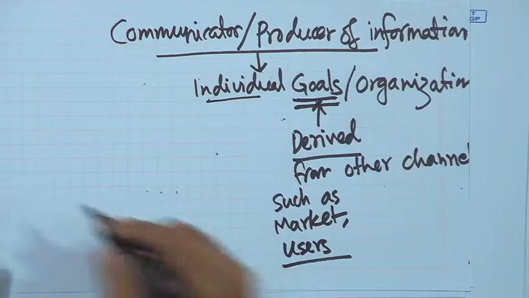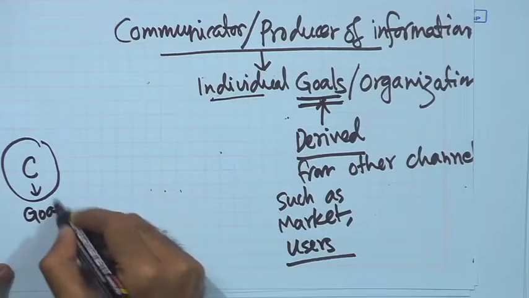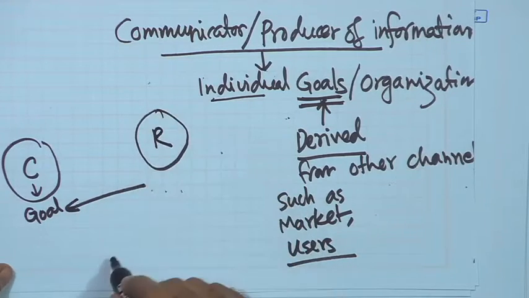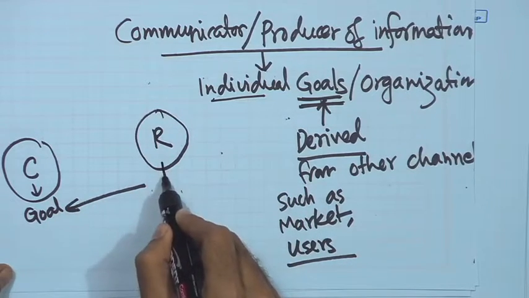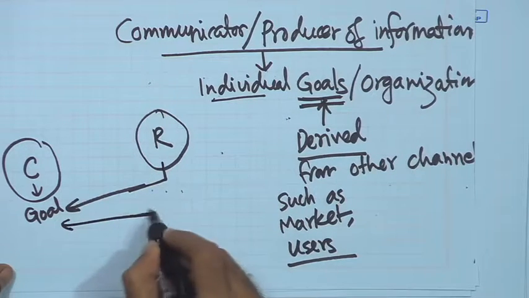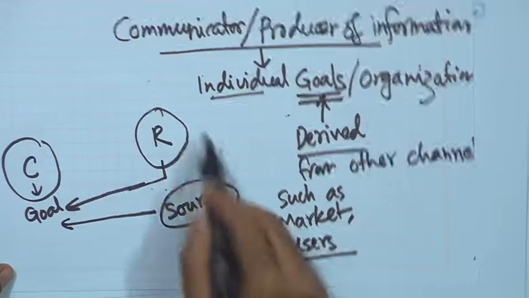So it may so happen that the communicator starts with a goal, and that goal has actually arrived from the receiver. So it may have originated from the receiver, or it may have originated from other source. So both are possible in this particular case.